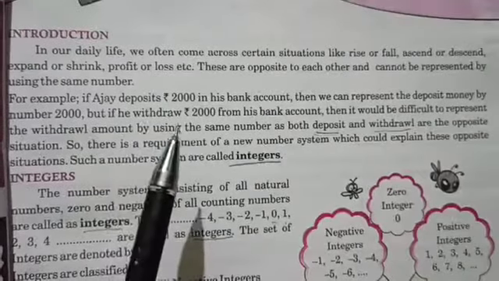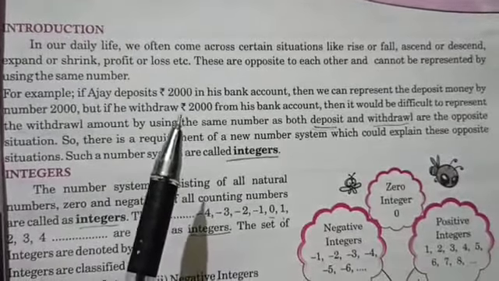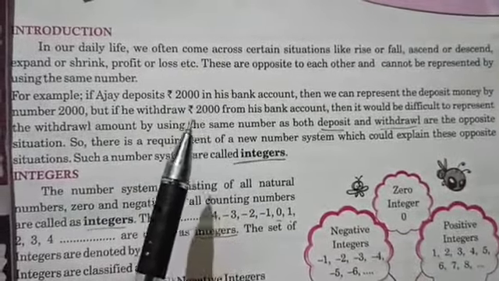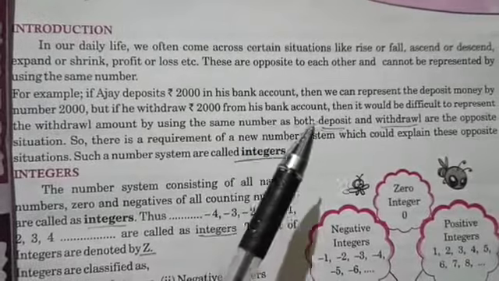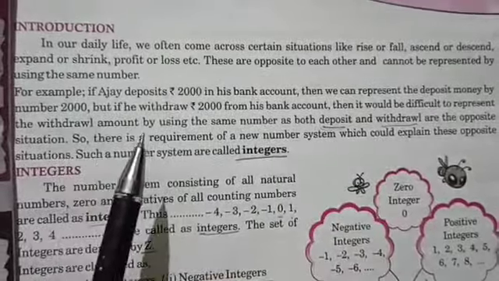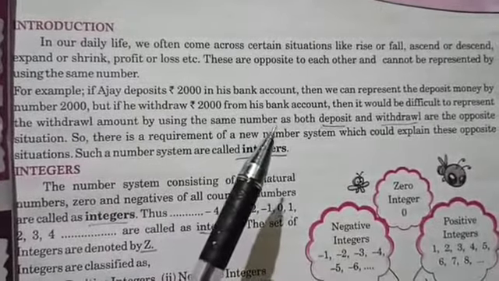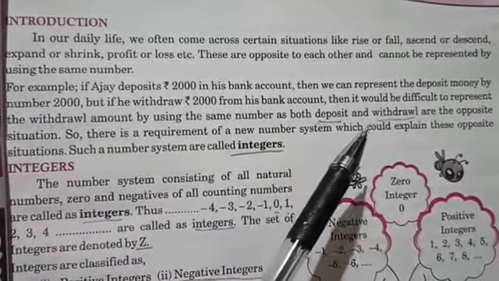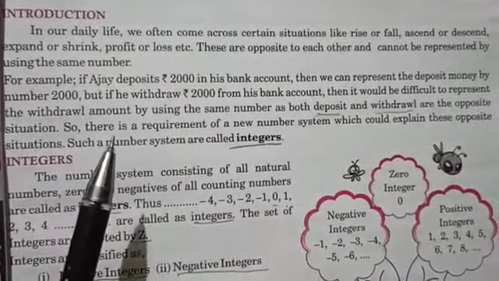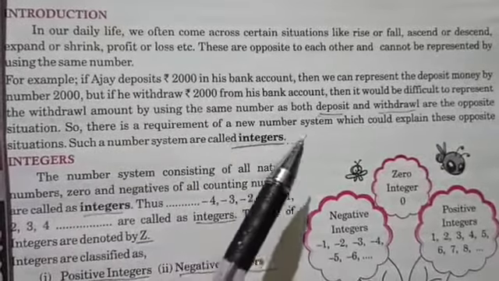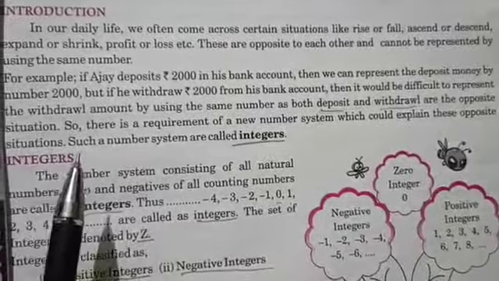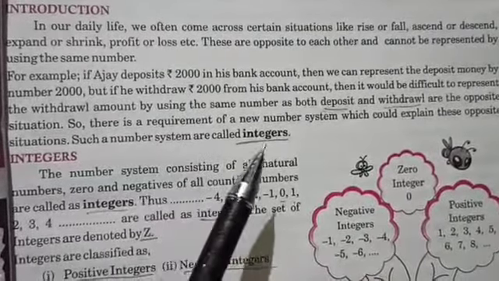But if he withdraws 2000 from his bank account, then it would be difficult to represent the withdrawal amount by using the same number, as both deposit and withdrawal are opposite situations. So there is a requirement of a new number system which could explain these opposite situations. Such a number system is called integers.